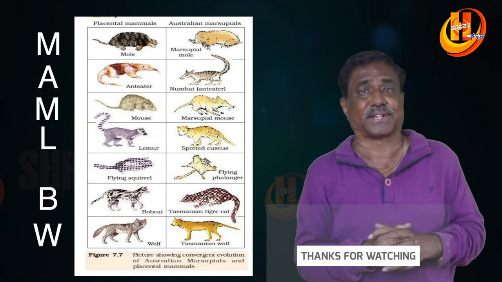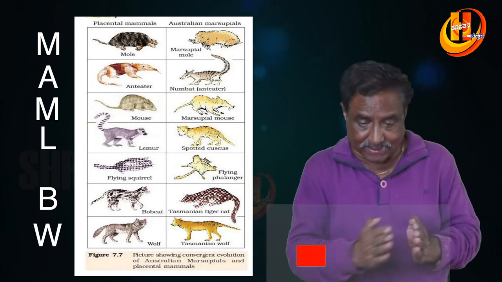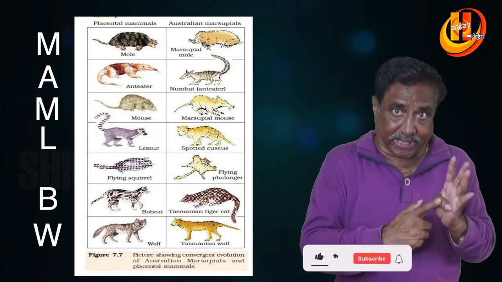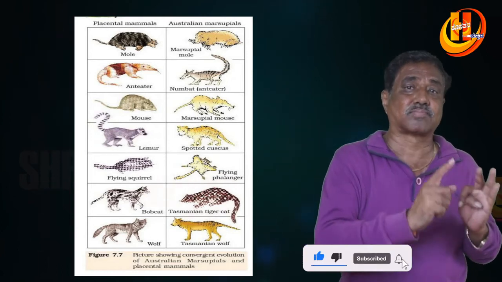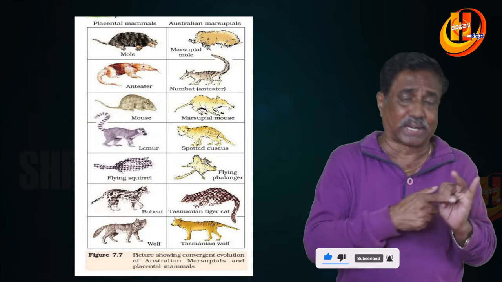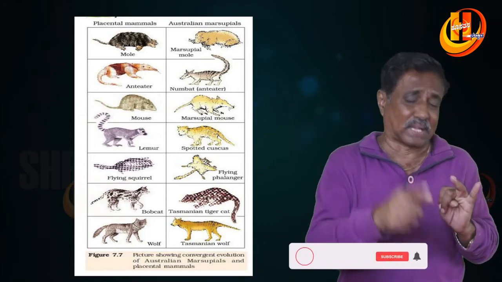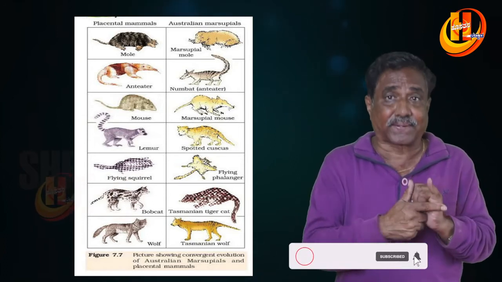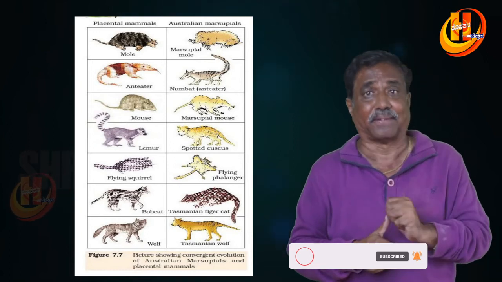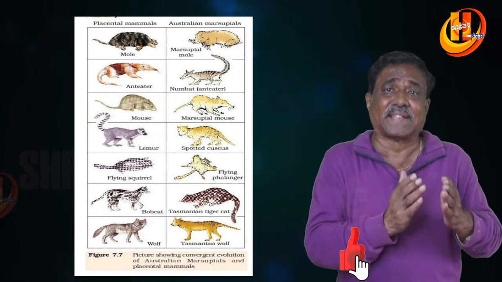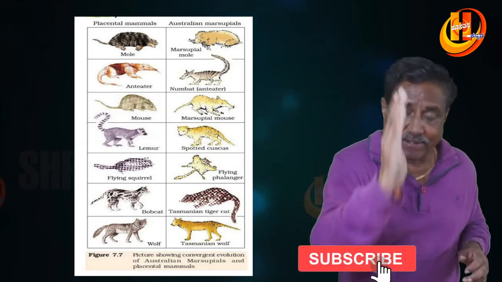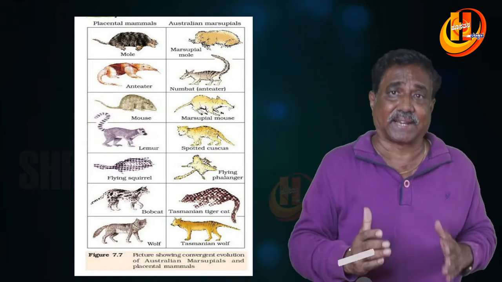Now we know that variations are chiefly due to genetic drift, isolation, founder's effect, saltation and adaptive radiation. These are the various things because of which variations occur in organisms.